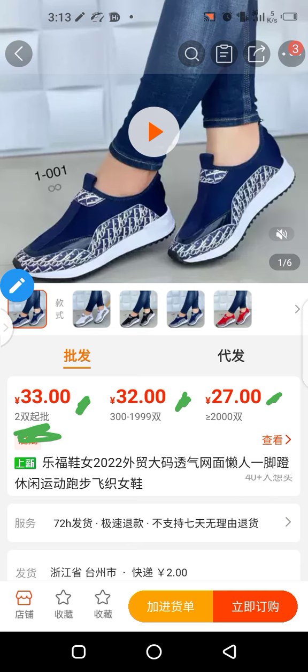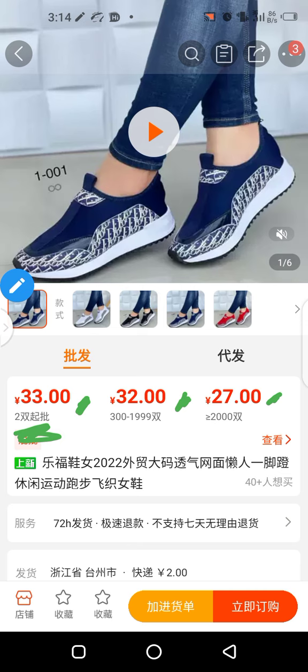If you buy 300 pieces up to 1,999, the supplier is ready to sell it at 32 yen. If you buy 2,000 and more, the supplier is ready to sell it at 27 yen. That's what this is trying to tell you.